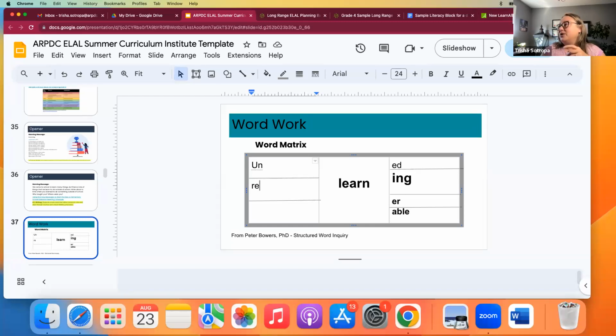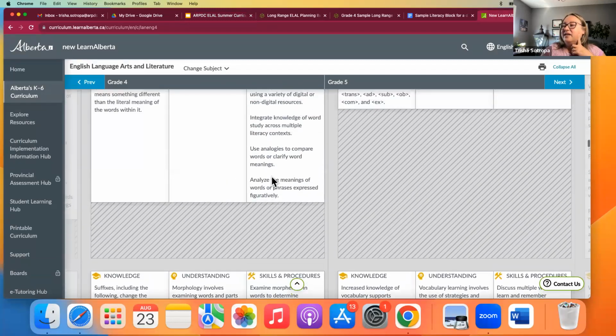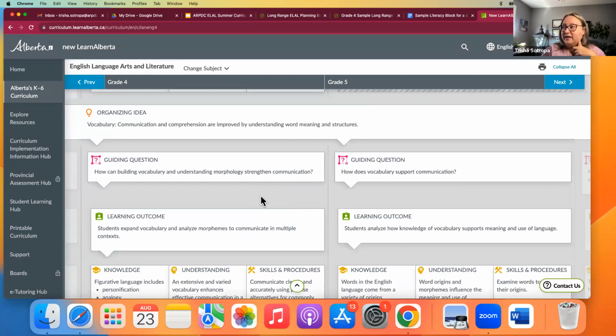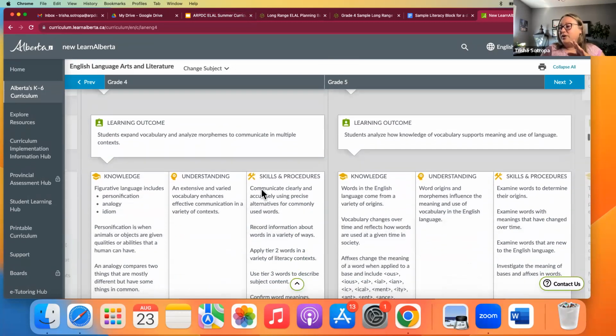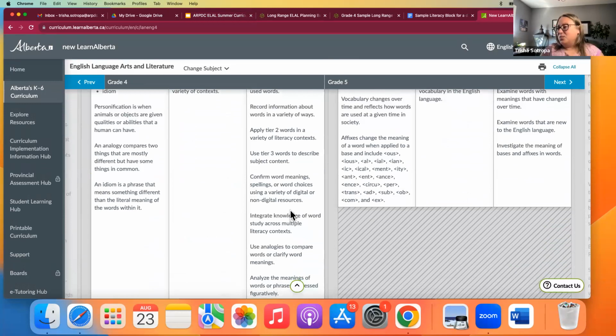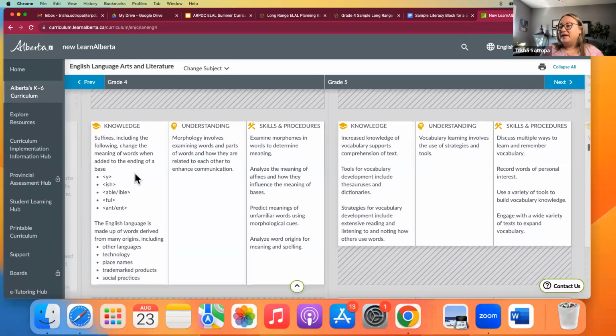Okay, I will show you in the curriculum. Because people are asking, the prefixes and suffixes are under the organizing idea of vocabulary. So right now I have grade 4 and grade 5 open. So you just scroll down under vocabulary. This is one that isn't in a perfect row across, but the suffixes that are mentioned in grade 4 are Y, ISH, ABLE, IBLE, FUL, ANT, ENT.